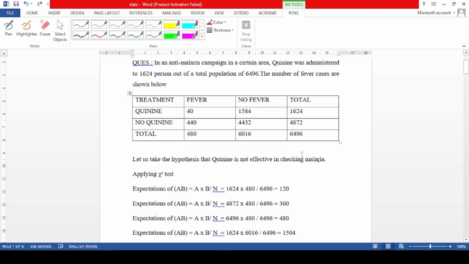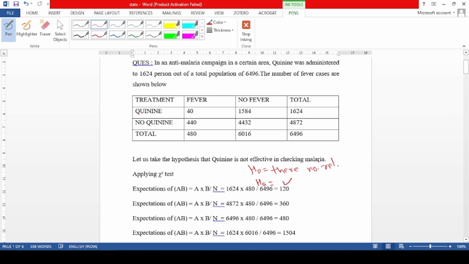Now, in research, when we see hypothesis, we have two types of hypothesis. One is H naught, which is null hypothesis. It states that there is no relationship between the variables. Alternate hypothesis says that there is a relationship.